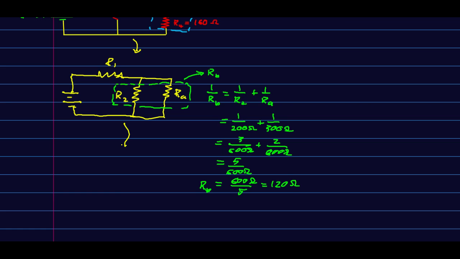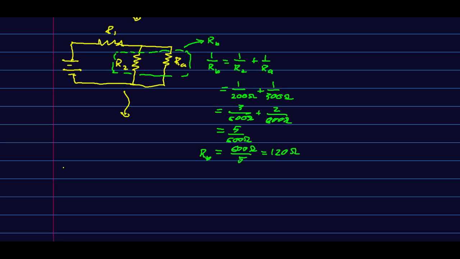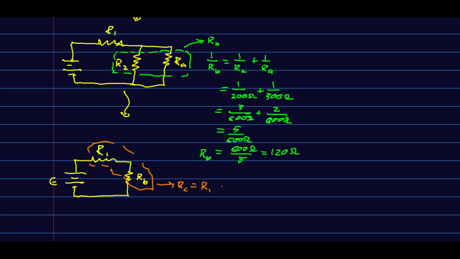At this stage, having done that simplification, the circuit is now R1 and RB, and those are in series, so we can combine those into an RC, which is nothing more than R1 plus RB.